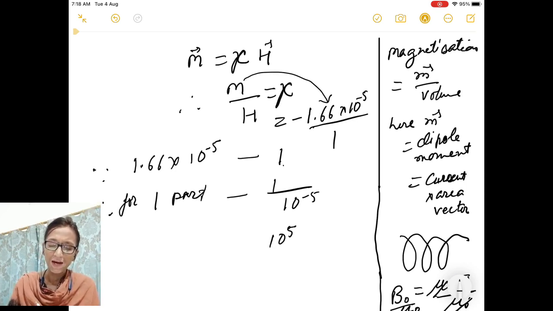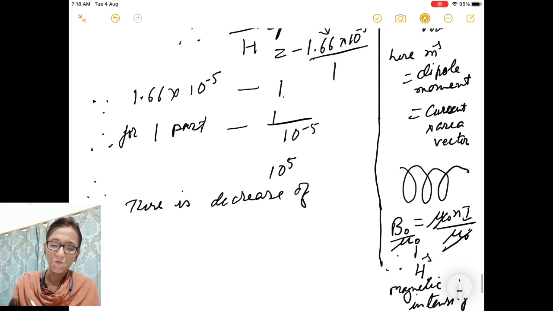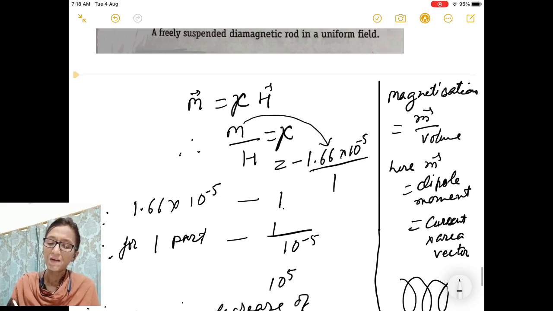So you find that there is a decrease of one part of magnetization, because you have a minus value.